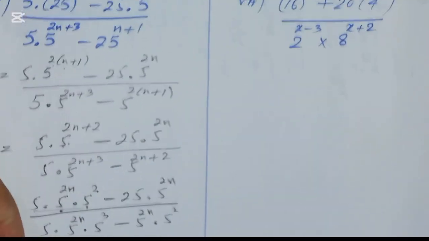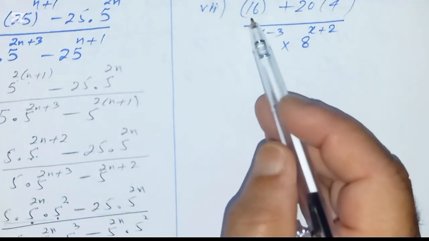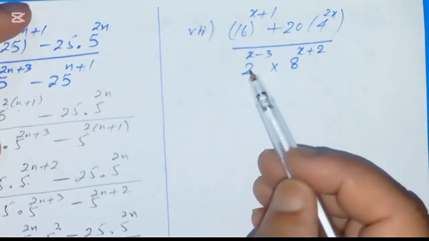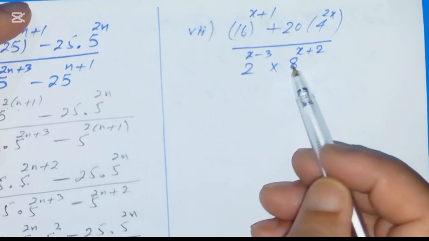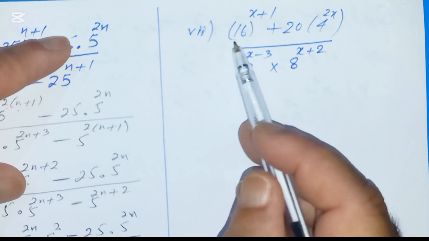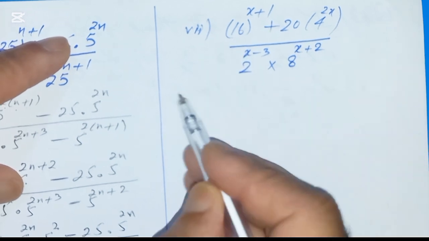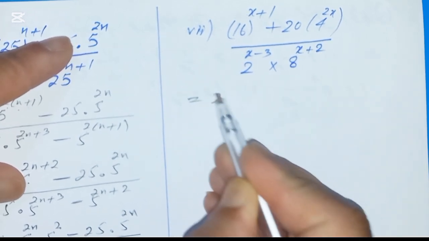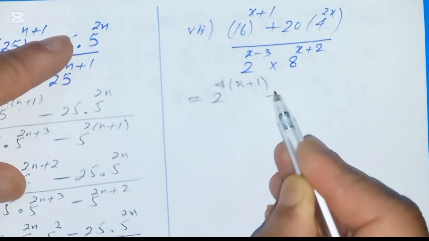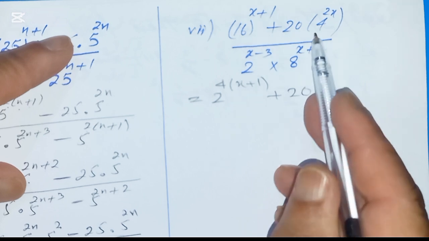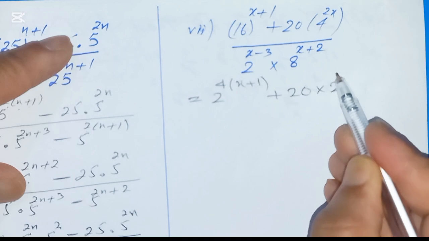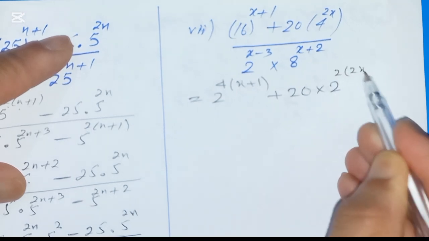The next part is the 7th part: 16 whole power x plus 1 plus 20 into 4 power 2x, over 2 power x minus 3 into 8 power x plus 2. If we take the prime factorization of 16, 16 is 2 power 4. This can be written as 2 power 4 bracket x plus 1 plus 20, and 4 is the square of 2, so it can be written as 2 power 2 multiply 2x.